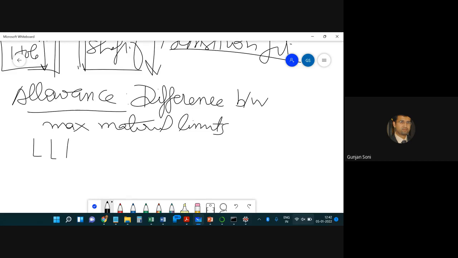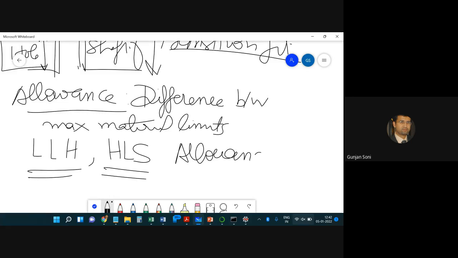Lowest limit of hole, LLH, is the maximum material limit for a hole. And similarly, what is the maximum material limit for a shaft? Highest limit of shaft, HLS. So these are your maximum material limits. Allowance would be the difference of the two, which is allowance equals LLH minus HLS.